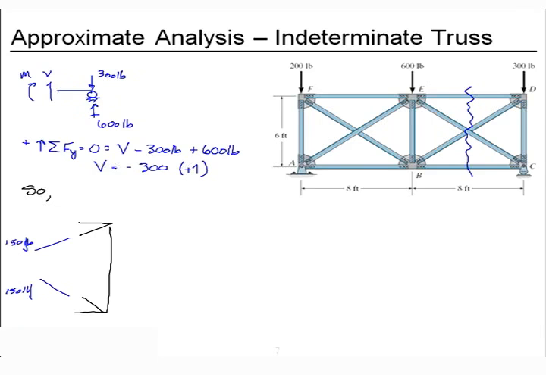All right. And so what does that mean for member BD? It means that force in member BD is going to equal, again, 5/3 times 150 pounds. 250 pounds in that diagonal, and this one is in tension.